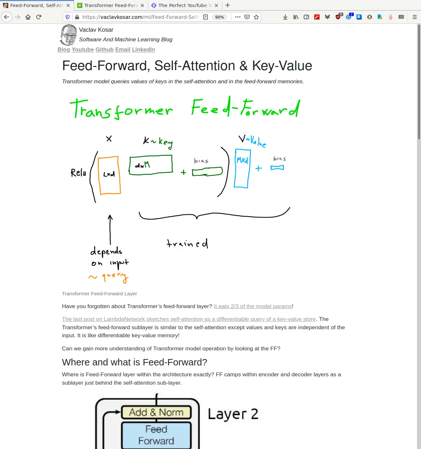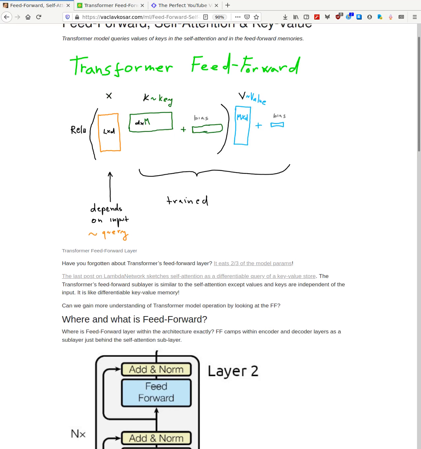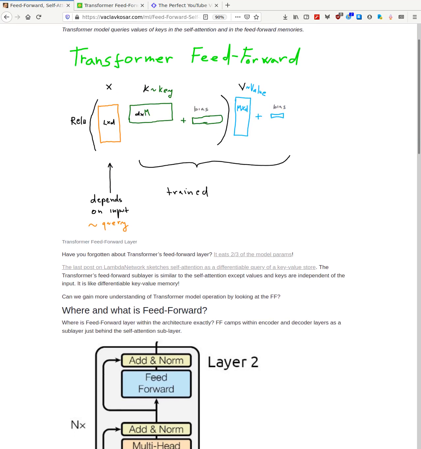The keys and values are trained, but they are constants in prediction, and only the query depends on input. In self-attention, the keys and values have a different dimension: instead of M, there is L, and there are no bias terms, and instead of ReLU, we have a softmax.